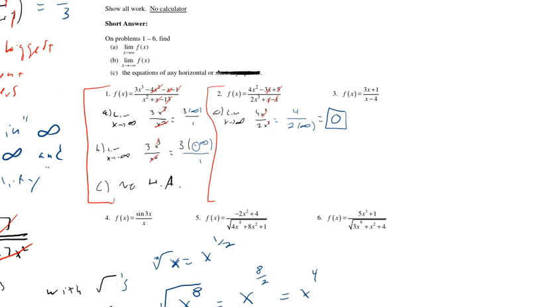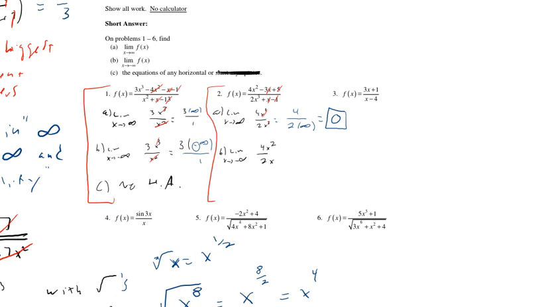All right, what about part B, the limit as x approaches negative infinity? The same thing, 4x squared over 2x cubed. Again, I'm going to cancel.